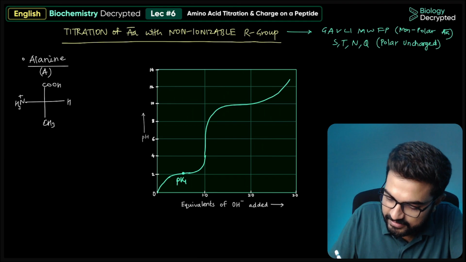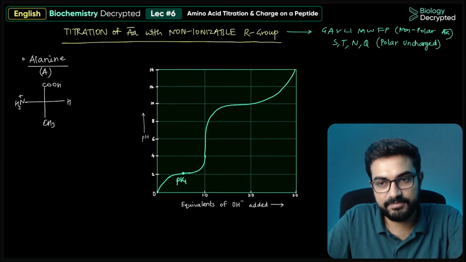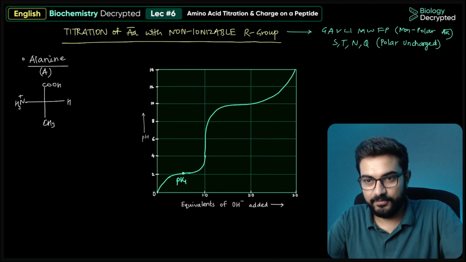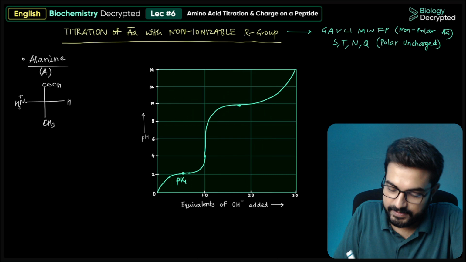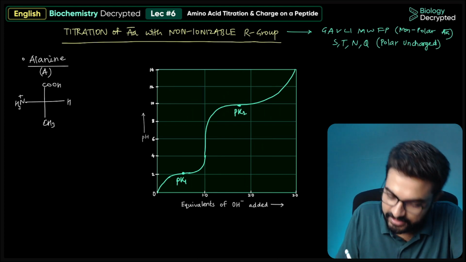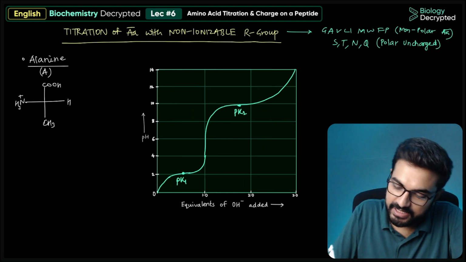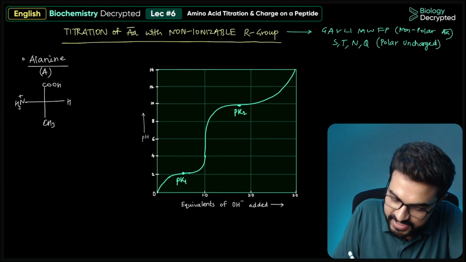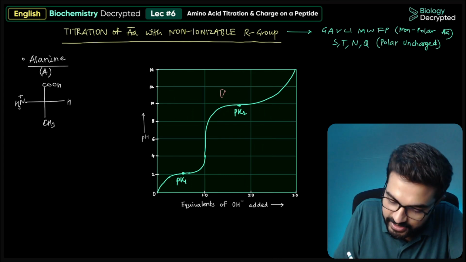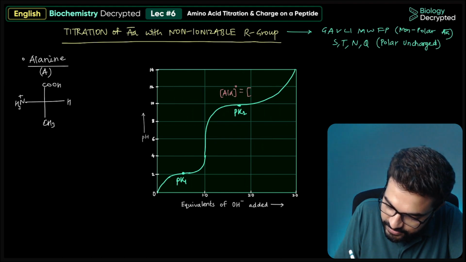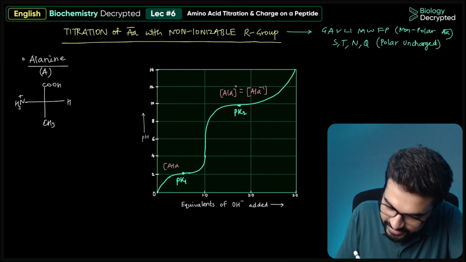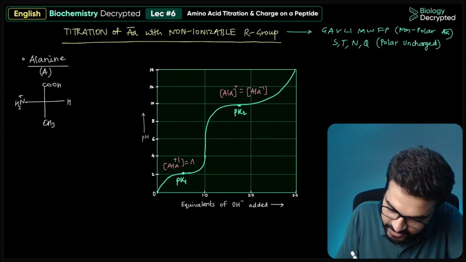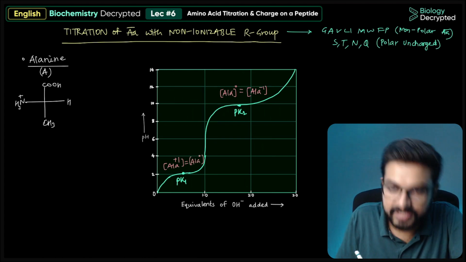At approximately this point, pK2 was there, and at this particular point alanine 0 concentration will be equal to alanine -1 concentration. Similarly, at this point, alanine +1 concentration will be equal to alanine 0 concentration.